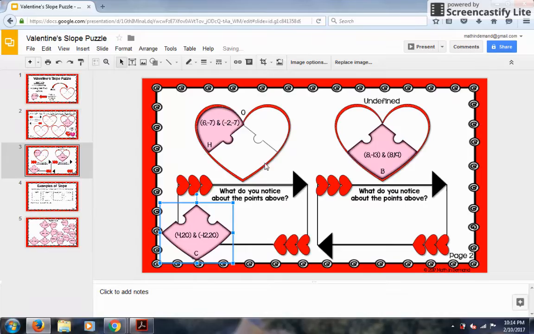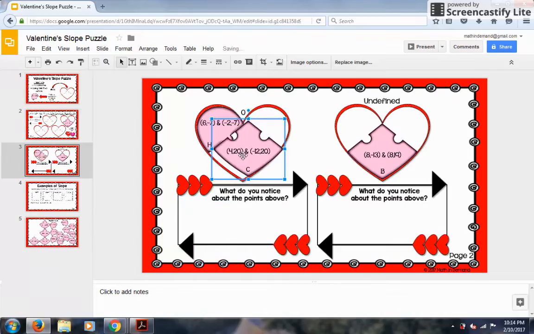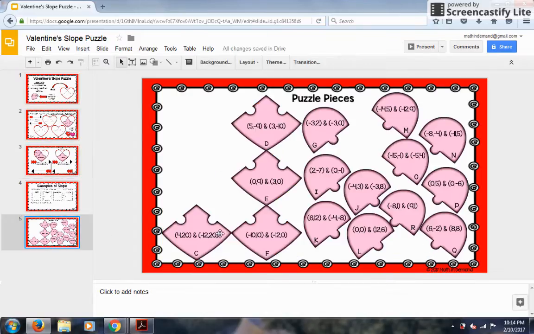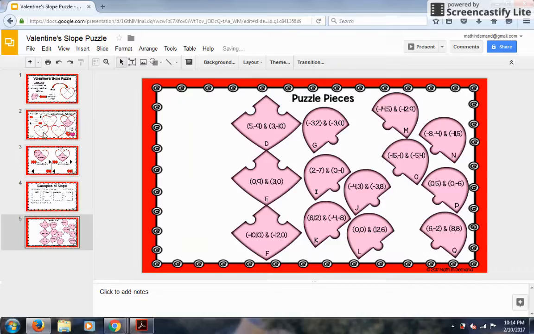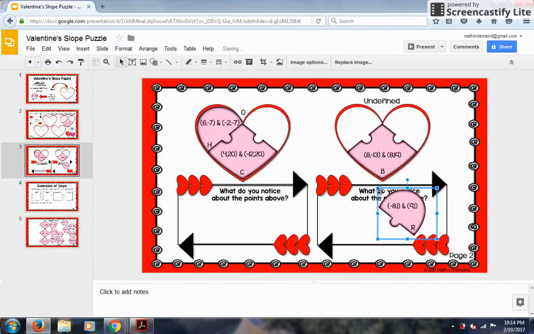And calculate. Okay, so at least we can see what's going on there.